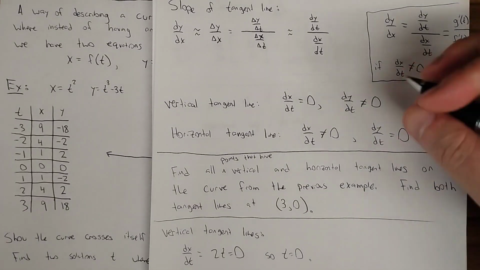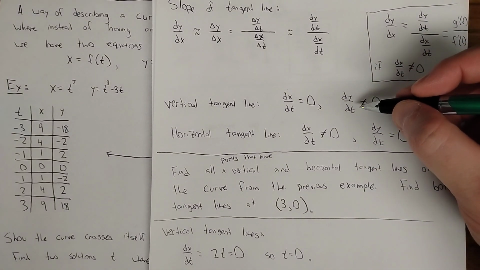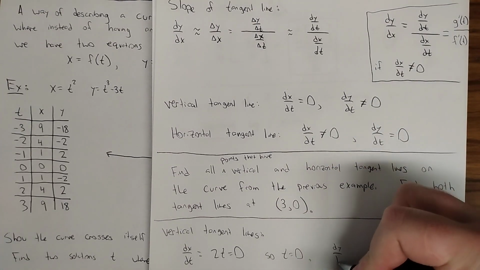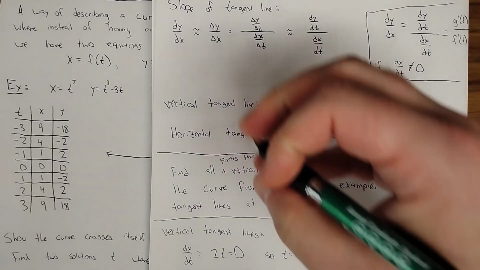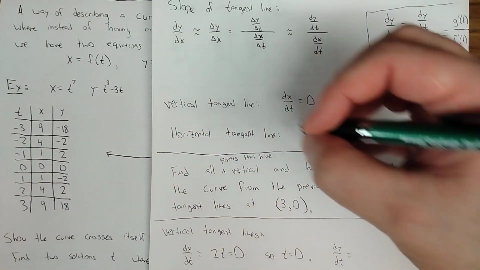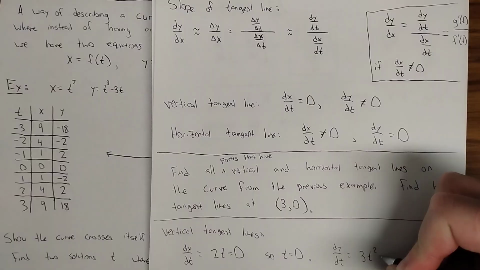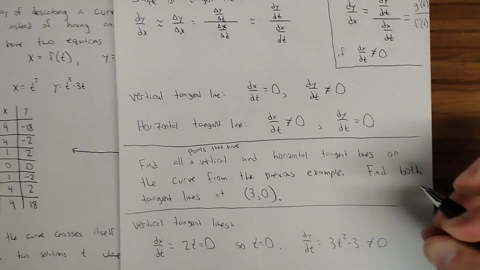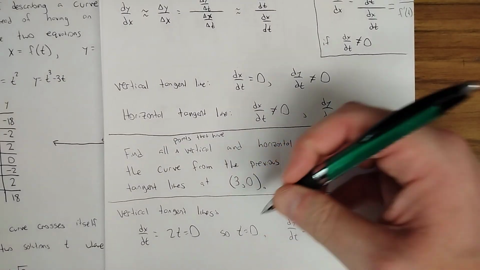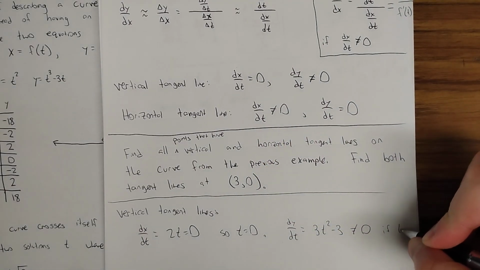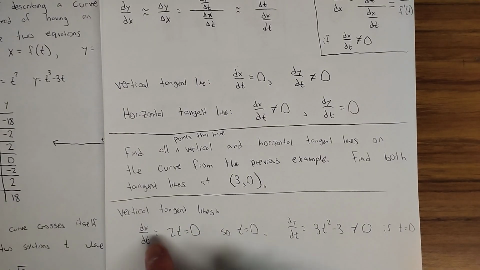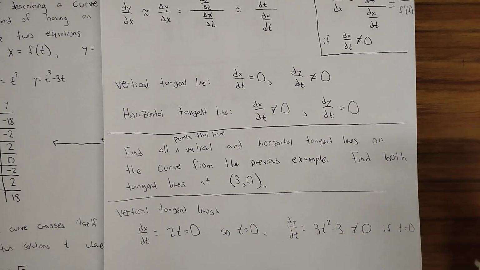Of course, I guess technically we should check that dy over dt is not 0. So let's check that. dy over dt would be 3t squared minus 3. And indeed, that is not 0 when t is 0. So the value t equals 0 does indeed give me a vertical tangent line.